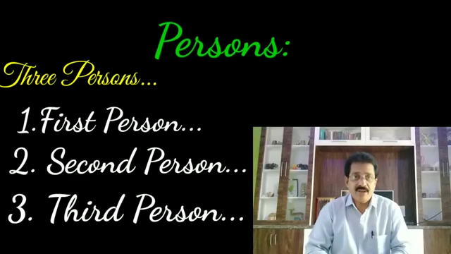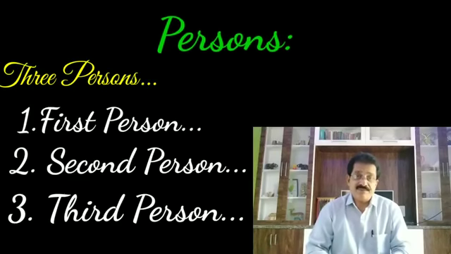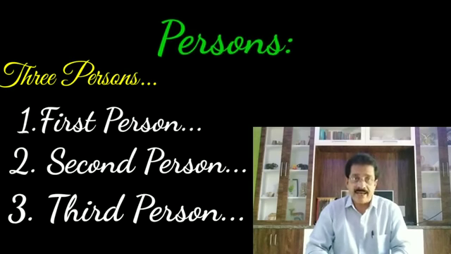Here we are. So now for each person there is singular and plural. Let me give a table. For example, first person singular, I. Okay, there are different cases: subjective case, objective case, nominative case, etc. We will not go into that. I will give the bare structure of the persons. So first person singular is I and first person plural is we.